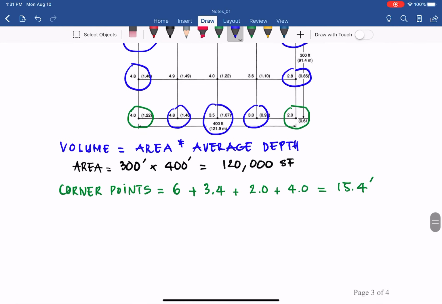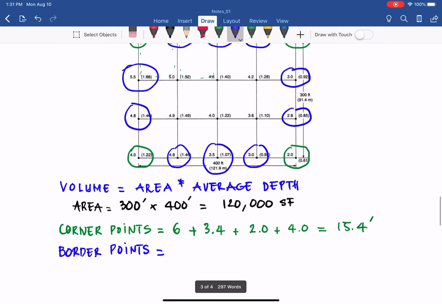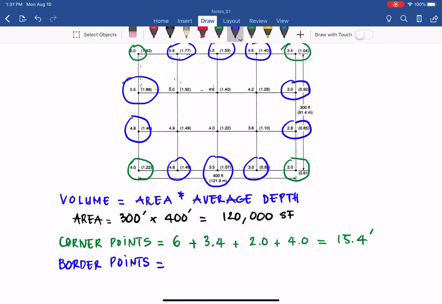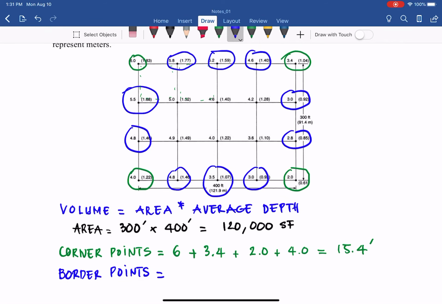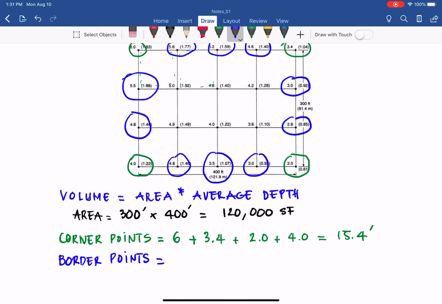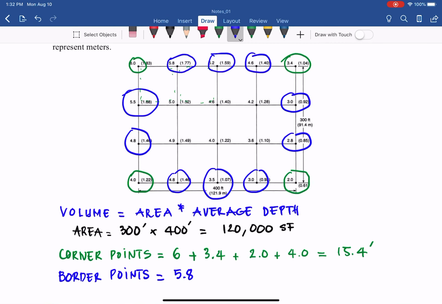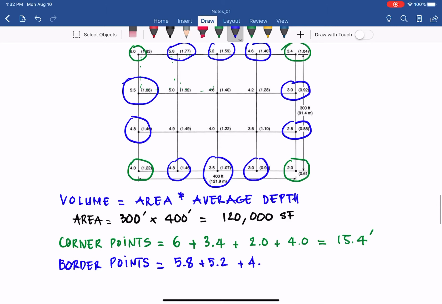So in that case, we have the border points. Also, we want to determine the total height or depth of all of these border points. How many of them? We have 10 of them. So just add up the depths. Again go from the top left, clockwise. I have 5.8, and then 5.2, then 4.6.